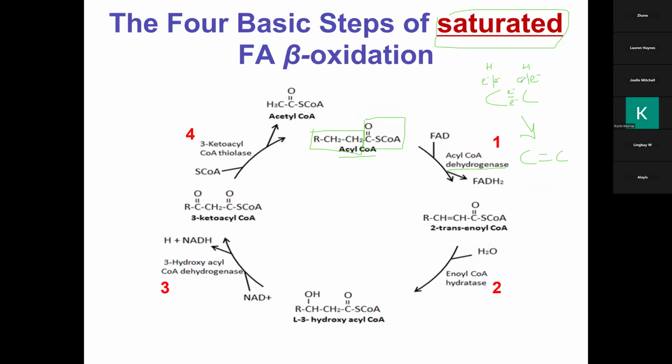In this system here, you've got 1, 2, 3, 4, 5, 6 electrons. But in a double bond, you've got 1, 2, 3, 4. So a dehydrogenase is where you go from a carbon-carbon single bond to a carbon-carbon double bond.